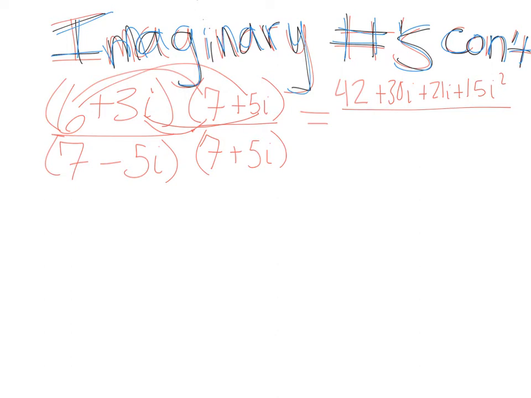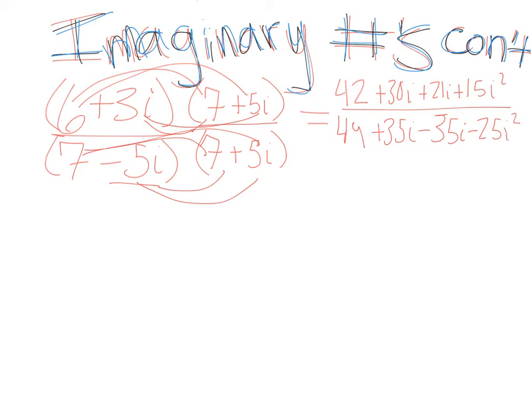In the denominator I do the same thing, so 7 times 7 will give me 49. 7 times 5i will give me plus 35i. Negative 5i times 7 will give me minus 35i. And then a negative 5i times a positive 5i will give me minus 25i squared.